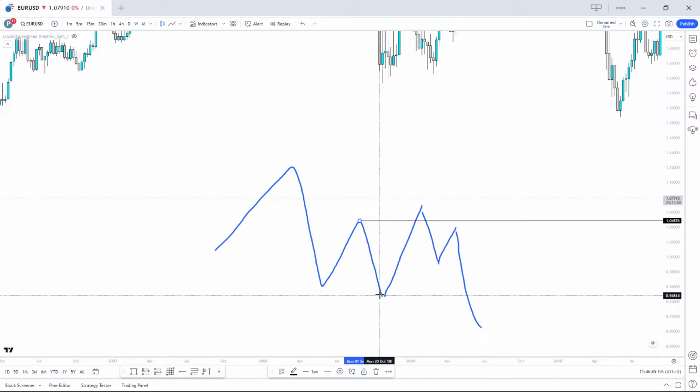If the price was to create a higher low right here instead of a lower low than this low, then yeah, this will actually be considered a solid market shift. But if you get a low, but this low causes the move that breaks the high, I would not consider this a market shift.